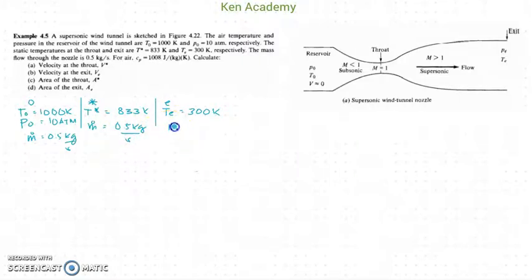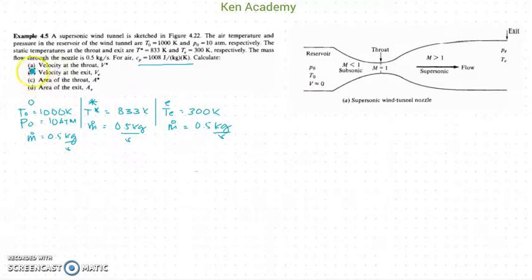And on the exit side, the mass flow rate is still 0.5 kilograms per second. And we also know that the Cp, or the constant pressure specific heat of our substance, which is air, is 1008 joules per kilogram Kelvin.